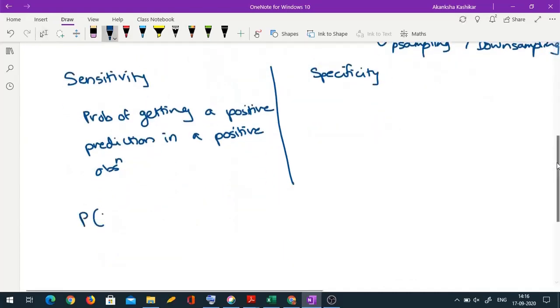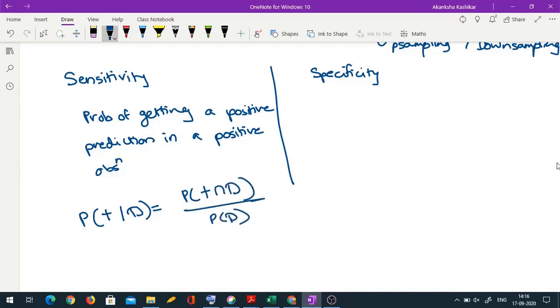In medical terms, it is the conditional probability of the test being positive given that the person actually has the disease. Conditional probability means it would be the probability of positive intersection D upon the probability of D. So sensitivity is this.